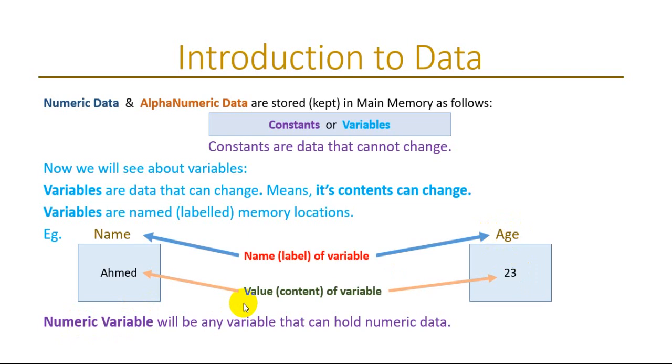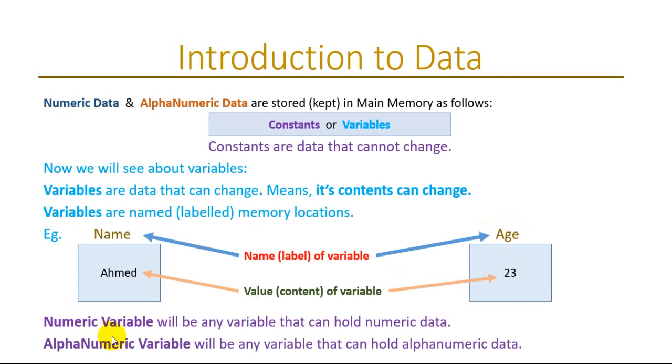Okay, same way if you look at alphanumeric variable, this is the name of the variable. Okay, this variable called name contains Ahmad. It's a name, and therefore since Ahmad is an alphanumeric constant, this is an alphanumeric variable. So any numeric variable will be any variable that can hold numeric data.